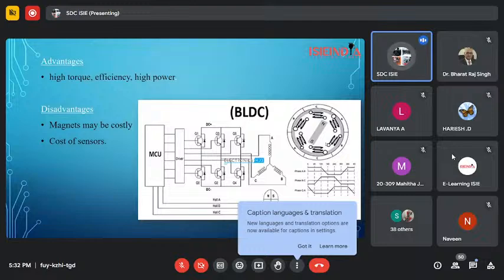So there might be some disadvantages in BLDC motors, like magnets may be costly or the cost of sensors. But in electric vehicles, the BLDC motors are most preferred due to their advantages like high torque, efficiency, and high power. Again, the smooth control of BLDC motor is also achievable with the help of controller.